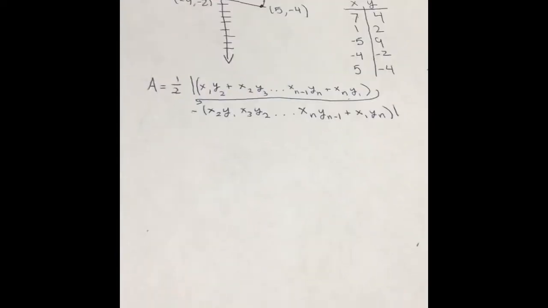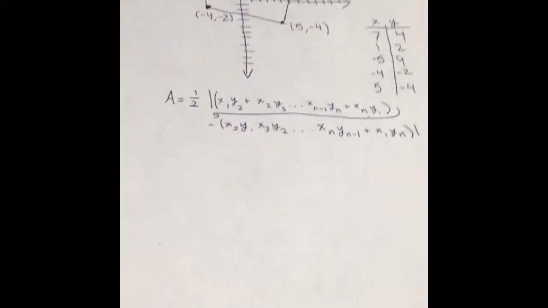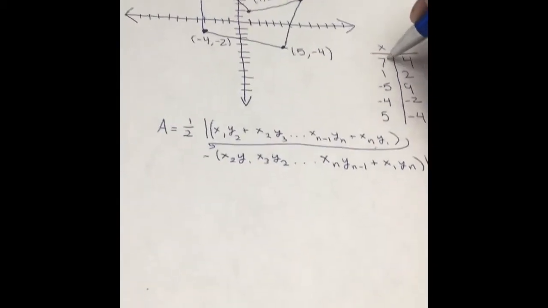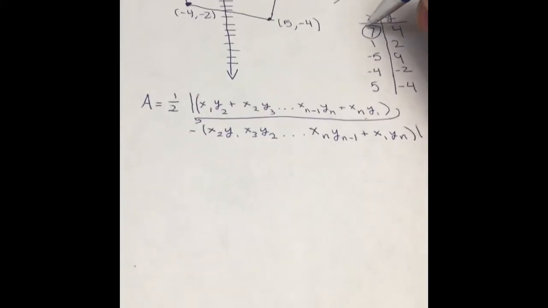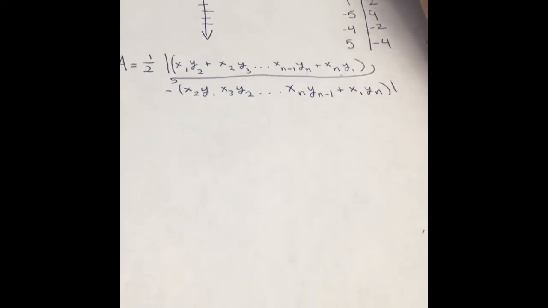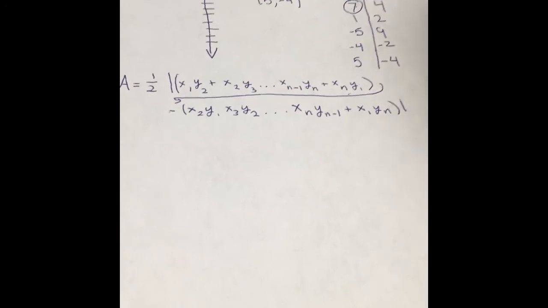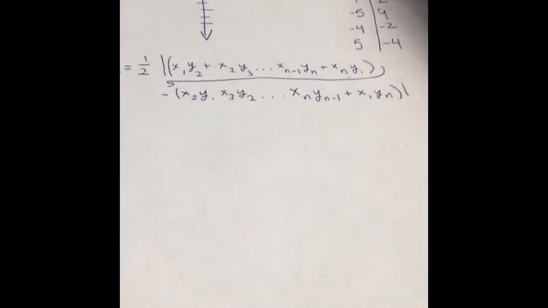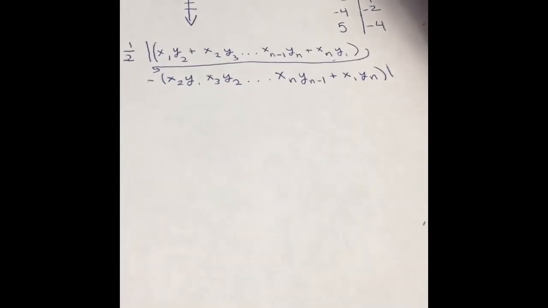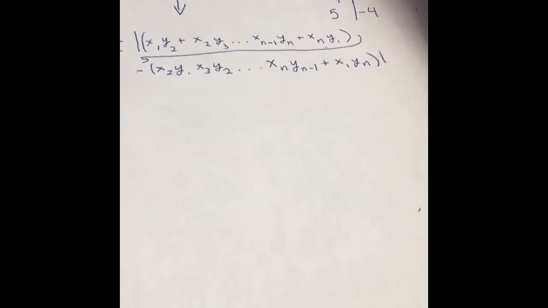Now it's time to actually solve it. So following the same principle, we're going to take the first x term, which is 7. We're going to multiply it by the y term one row below the row the x term is on. So in that case, we go one row down to the y column and multiply it by the 2.